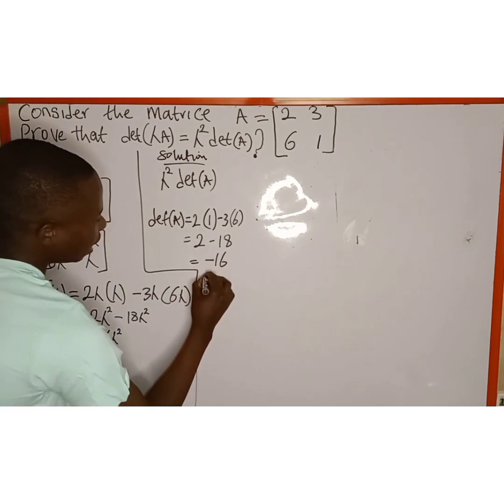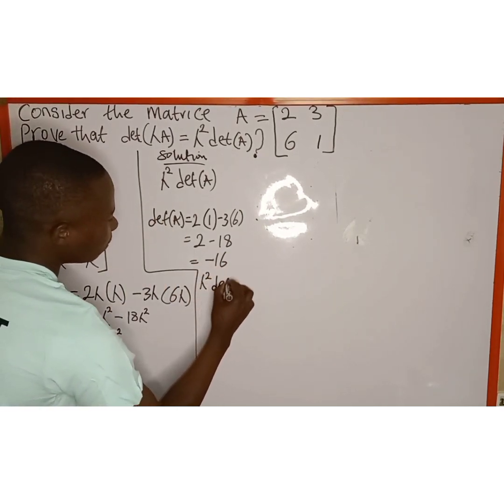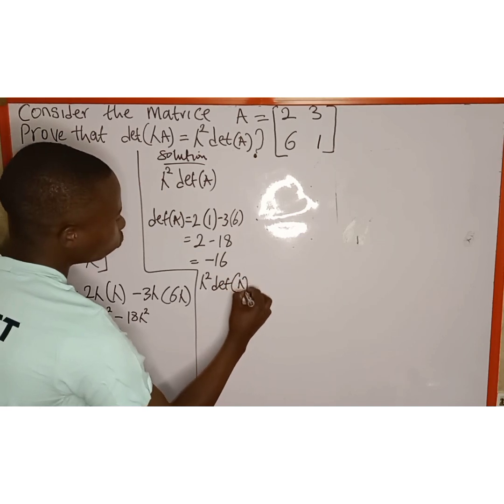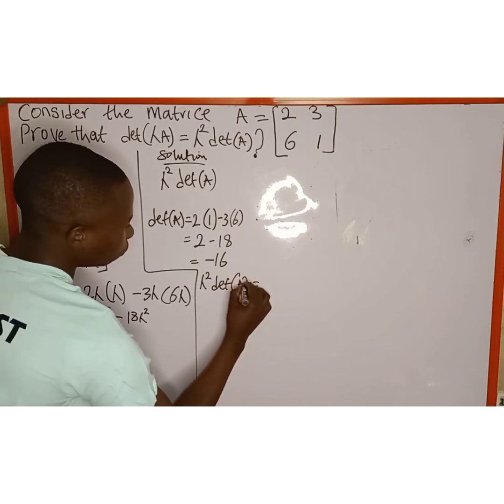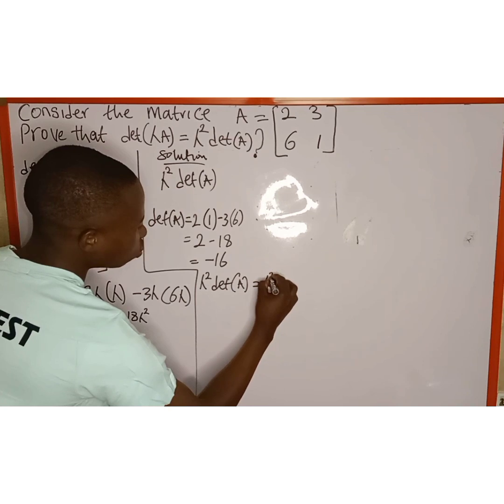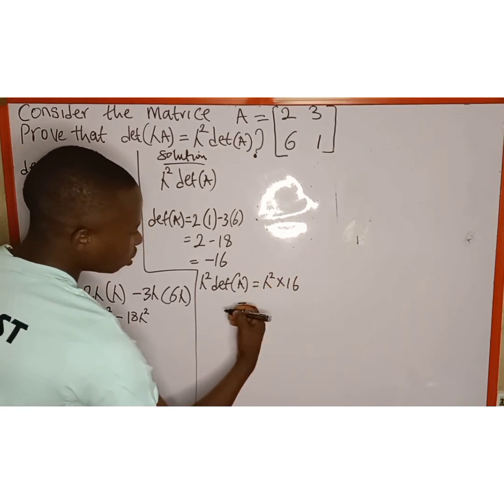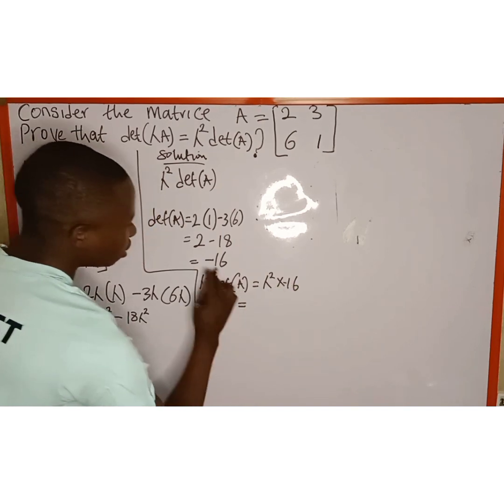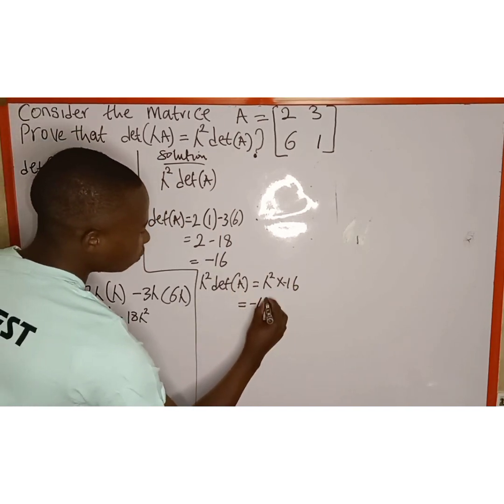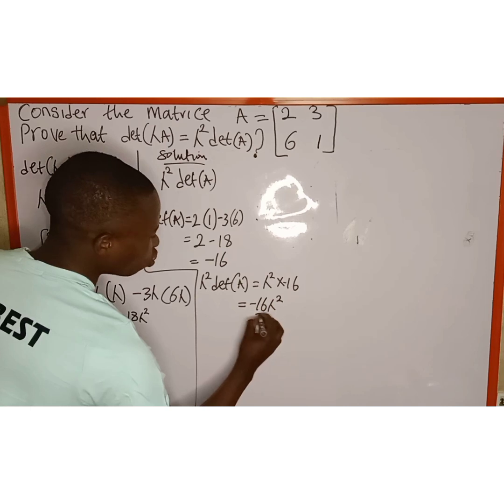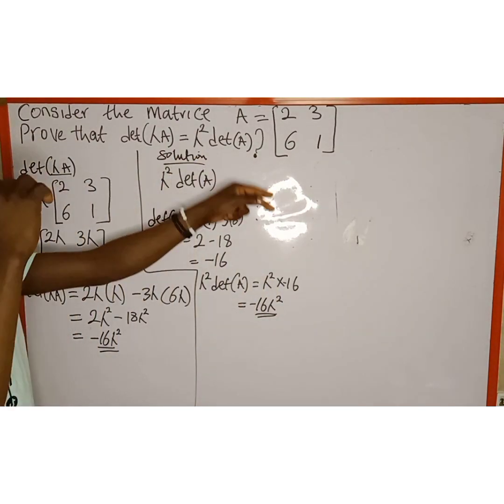So to get lambda squared multiplied by the determinant of A, it will be equal to lambda squared multiplied by negative 16, which gives me negative 16 lambda squared. So this is the right hand side.